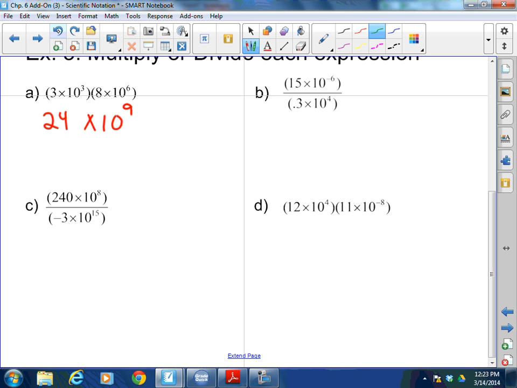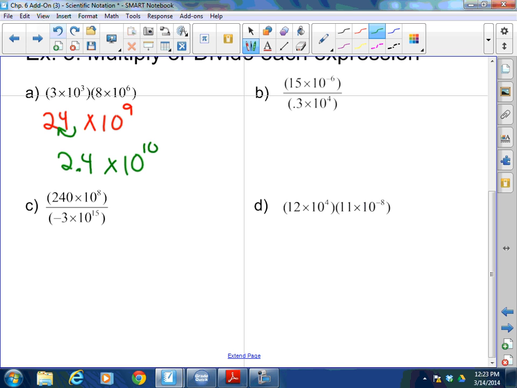In order to make this scientific notation proper, I got to move this decimal once to the left, right? So that becomes 2.4, right? Now, here's the trick. Was this number larger than 1 or less than 1? So am I going to add an exponent to 9 or subtract an exponent from 9? Add. So I got times 10 to the 10th.